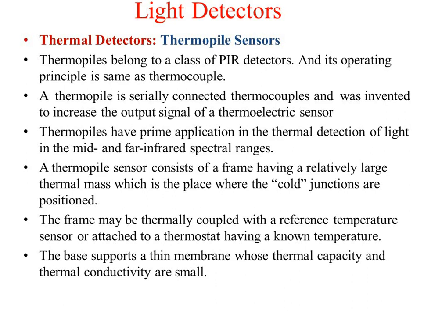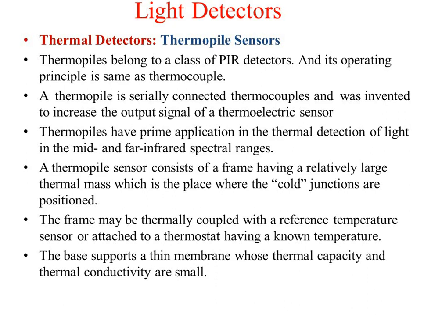Then a thermopile is serially connected thermocouples, invented to increase the output signal of the thermoelectric sensor. That means thermocouples connected in series form a thermopile. Thermopiles have a prime application in the thermal detection of light in the mid to far infrared range.